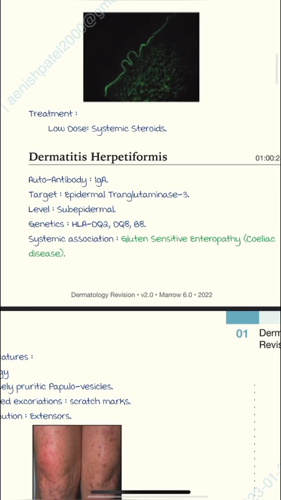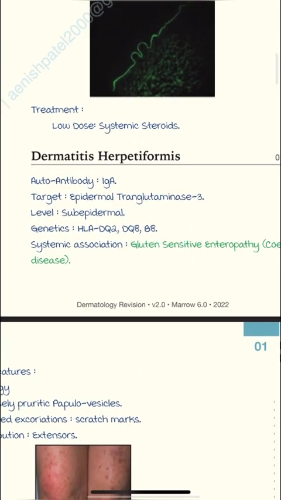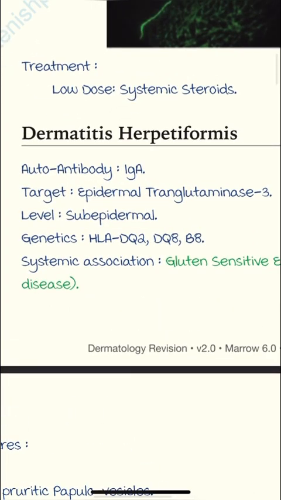Next topic is dermatitis herpetiformis. Here the autoantibody is IgA. The target is the epidermal transglutaminase 3 enzyme. Here the level is subepidermal, and genetics includes HLA-DQ2, DQ8, and B8.